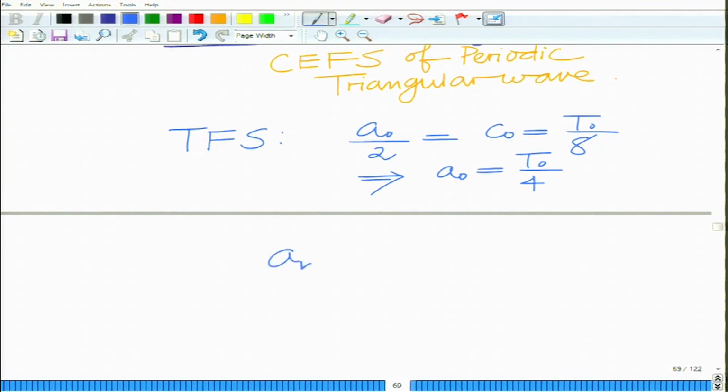Now, A k for k not equal to 0 equals C k plus C of minus k.